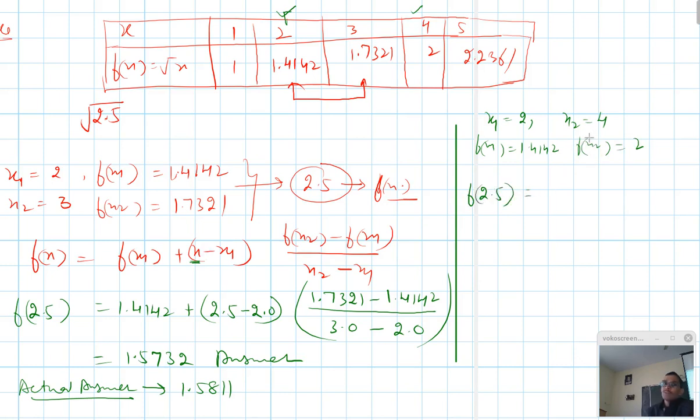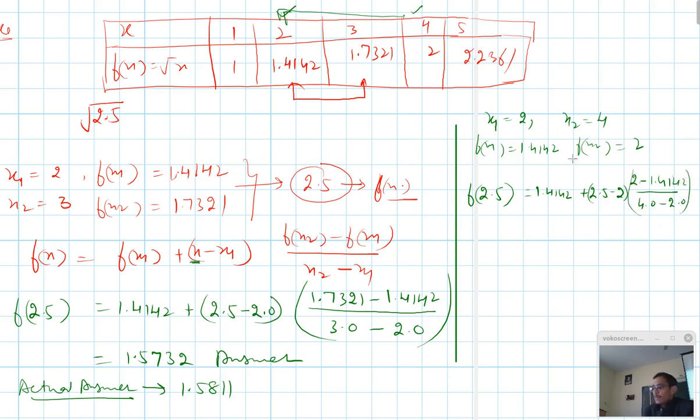Now the points have changed, meaning the size of the interval has increased. Earlier the difference was 1, now the difference is 2. If I take a larger interval, how will it affect our result? That's what I want to see here. So it is 1.4142 plus (2.5 minus 2) times (2 minus 1.4142) divided by (4.0 minus 2.0).